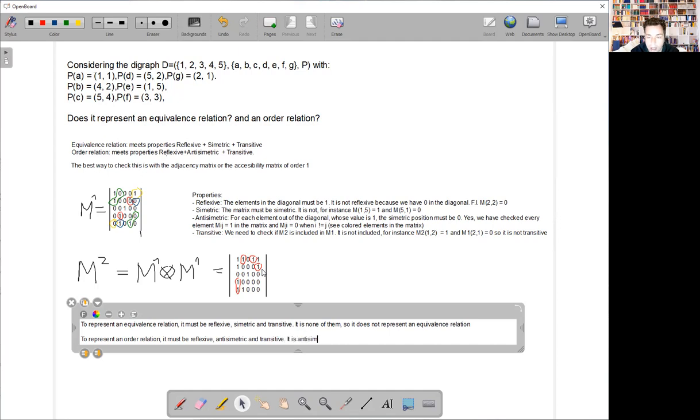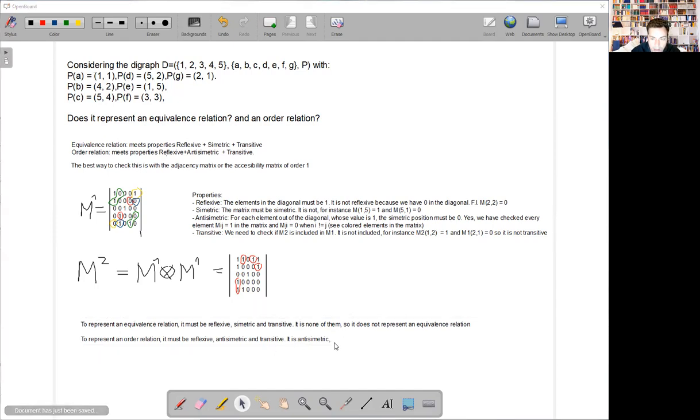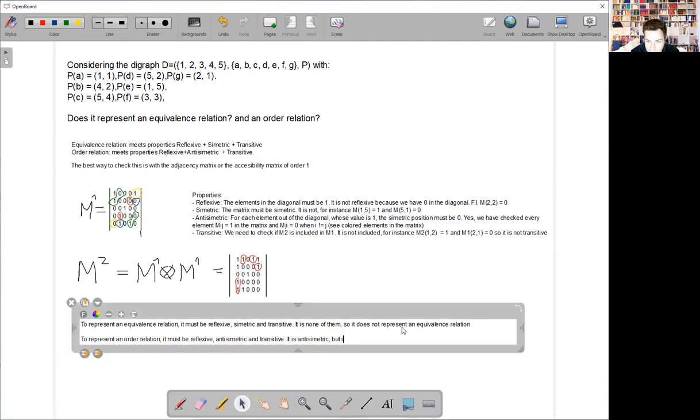It is antisymmetric, but it is not reflexive and transitive. So it does not represent an order relation.